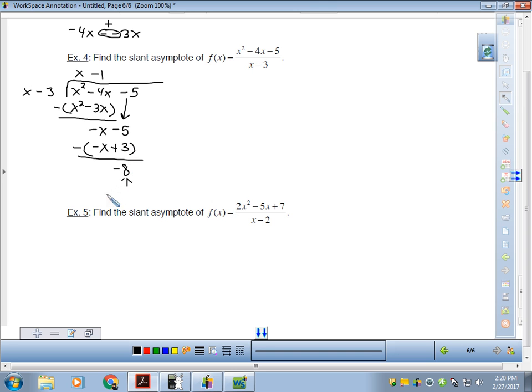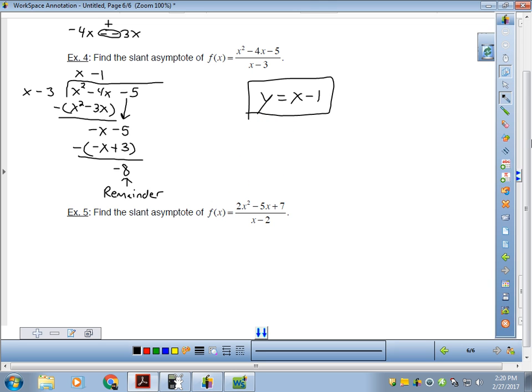Now this number that we get at the end is the remainder. And as I said just a minute ago, we ignore the remainder. It doesn't really matter. So up here on top is the equation for our slant asymptote. Our slant asymptote is going to be at y equals x minus 1. Okay there?